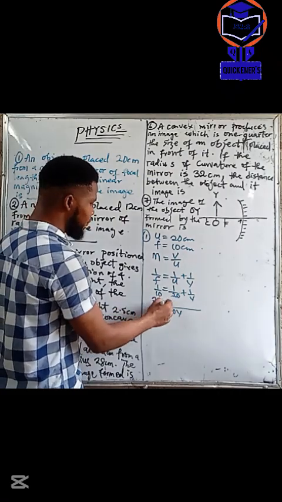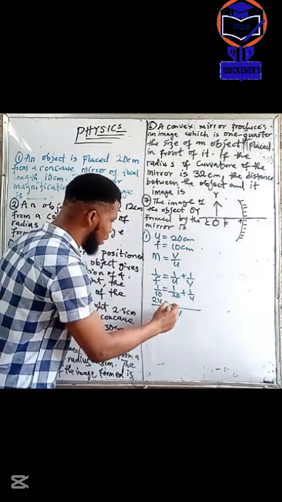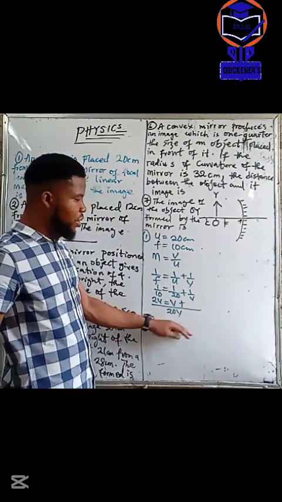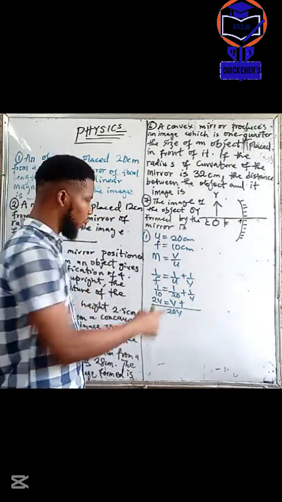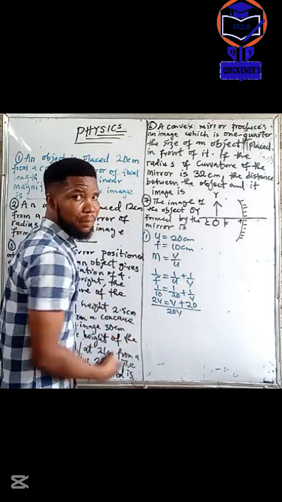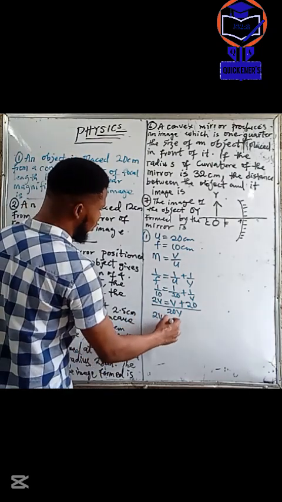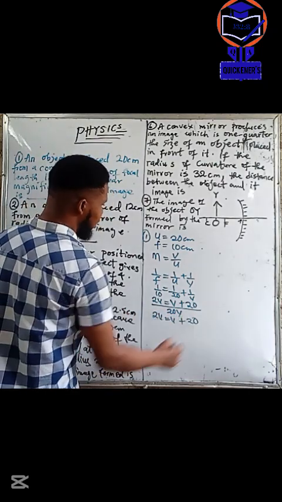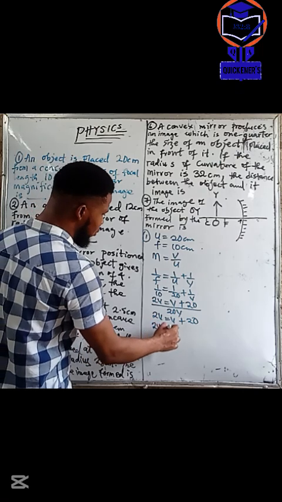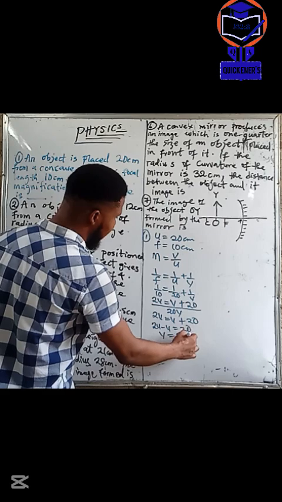Then 20v divided by 20 is v, so that's your v here, plus 20v divided by v is 20, so that's your 20 here. So we can now eliminate the denominator. You understand how this works, right? So we have 2v equals v plus 20. When this v comes here, 2v minus v equals 20, so v is now 20 centimeters.